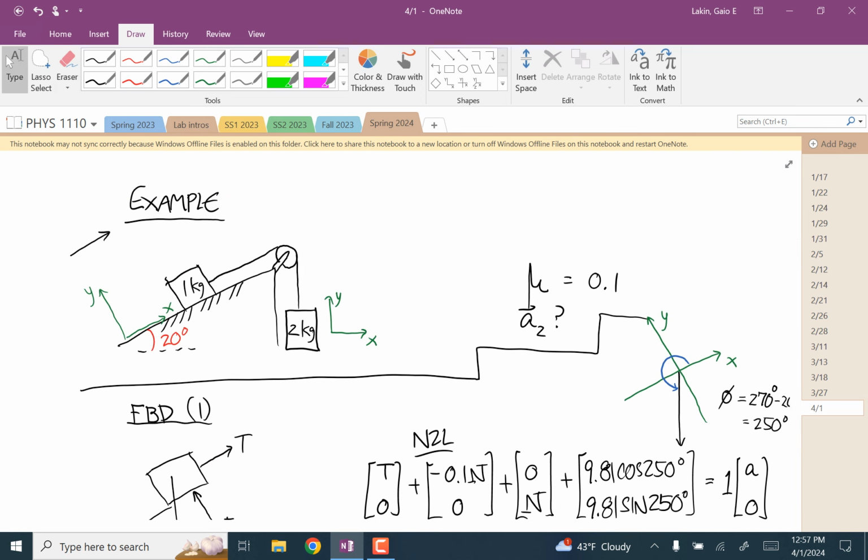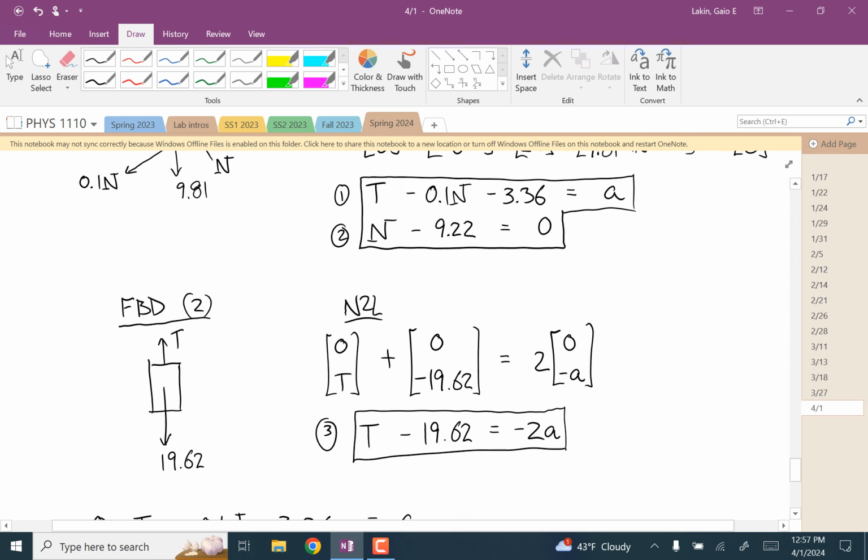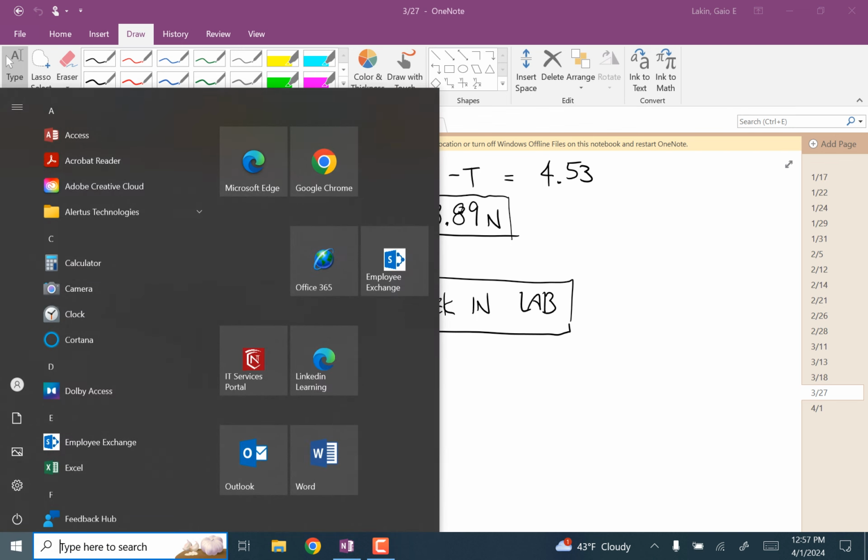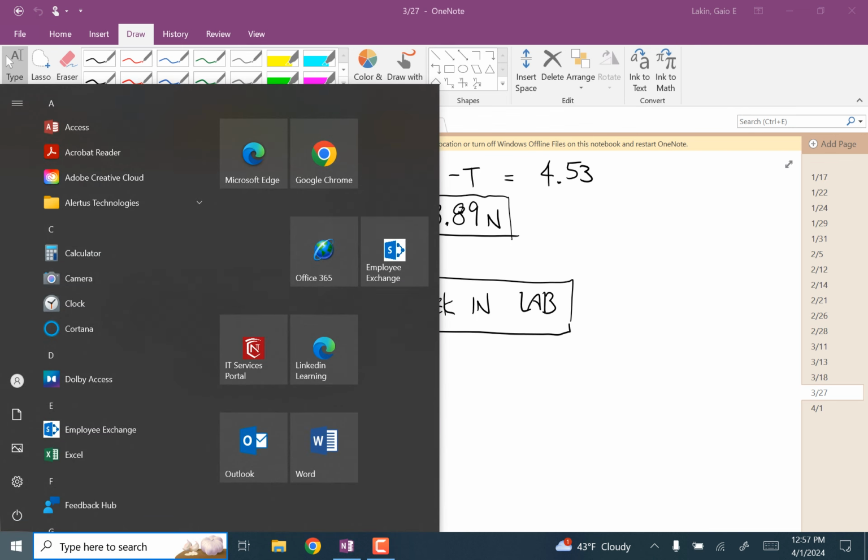I asked for the acceleration vector of the 2 kilogram, and that is this acceleration vector.